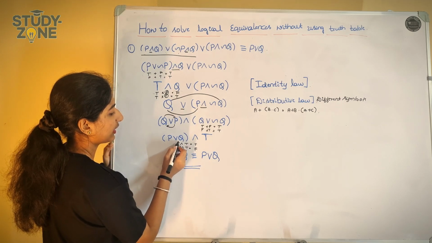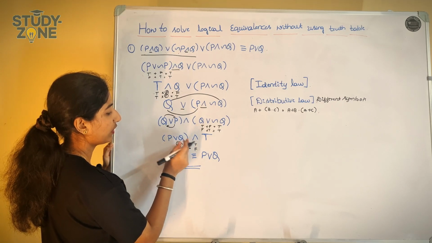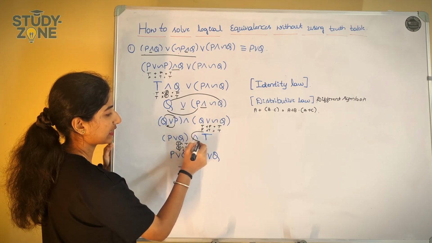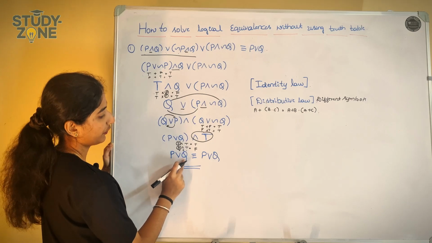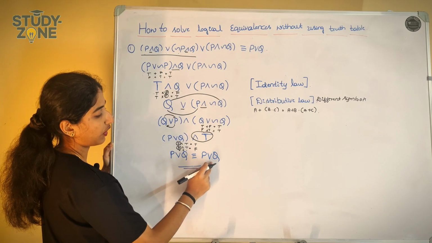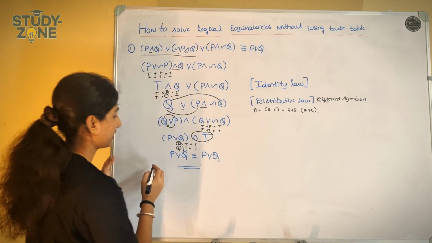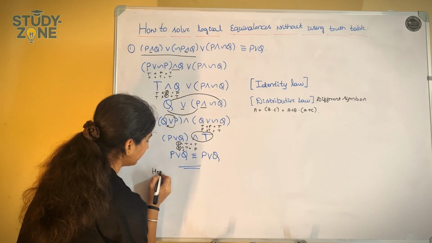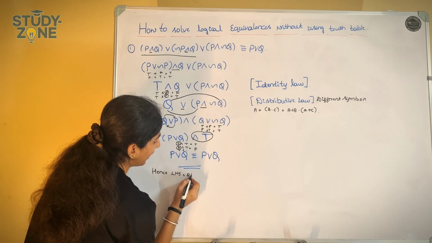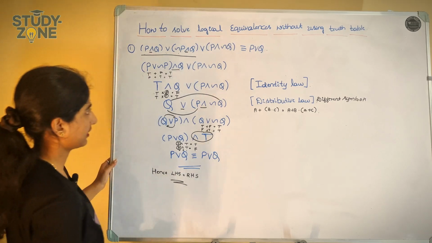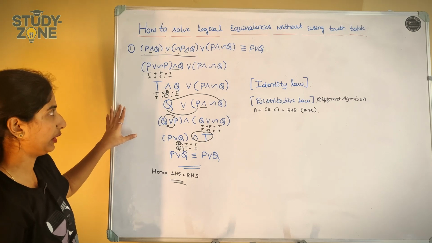So here it depends on this P or Q. So we can neglect this one. So the final answer is P or Q, which is logically equivalent to P or Q, that is the RHS. Hence LHS equals RHS, right? This is the solution for the first problem.